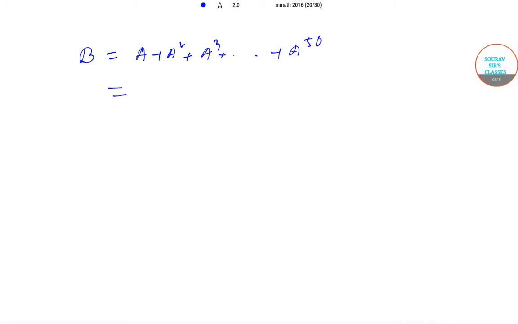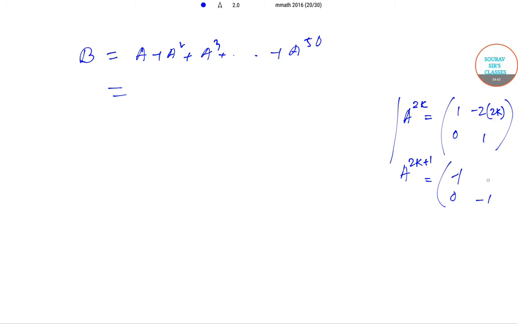And as you have already seen, A to the power 2k is equal to [1, -2 into 2k; 0, 1], and A to the power 2k plus 1 will be equal to [-1, 2 into (2k+1); 0, -1].